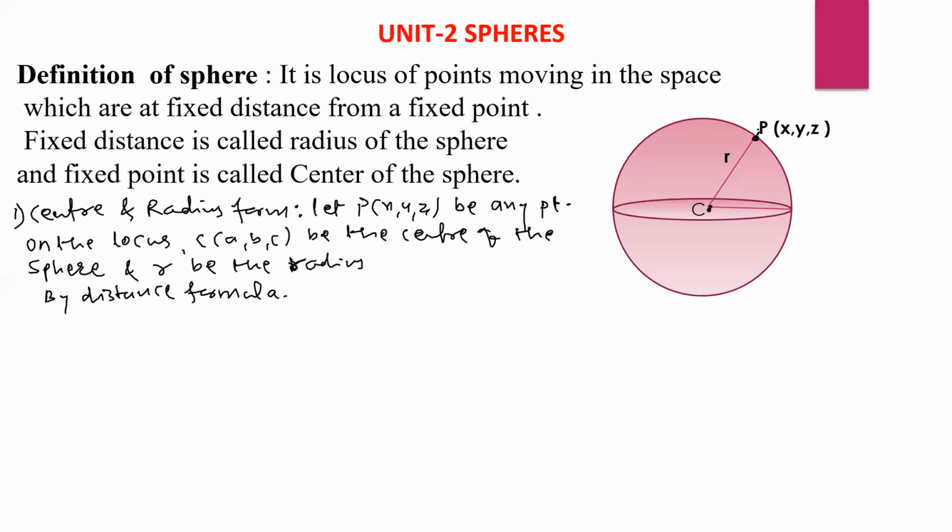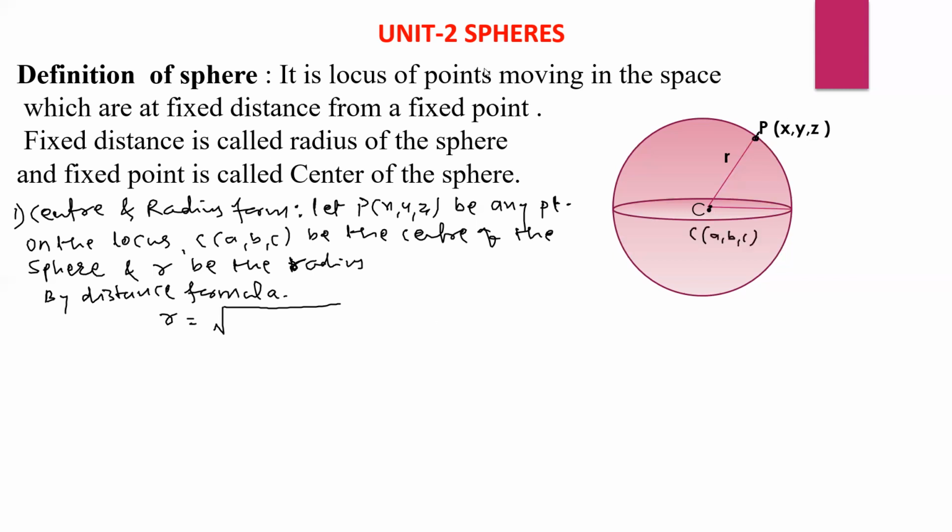the distance from P to C we denote as r. r is equal to the square root of... Now the point P is known, x, y, z, and the point C is a, b, c.